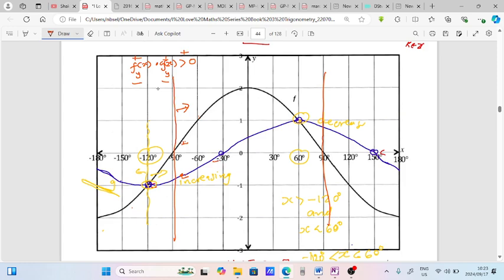But the graph of g starts to be positive here, the y value starts to be positive. My starting point is negative 30 degrees, because after negative 30 I get positive. When I multiply them, they give me a positive answer. So the one value of x is negative 30 degrees.